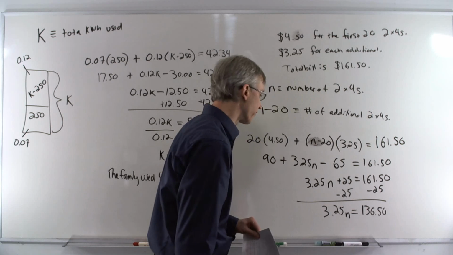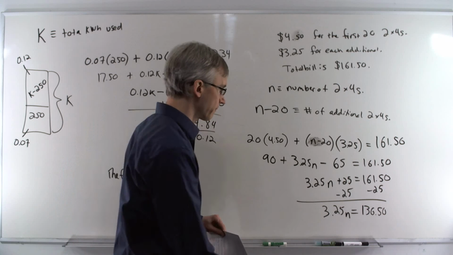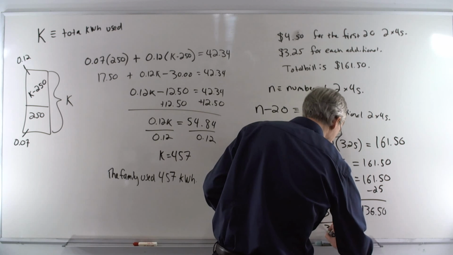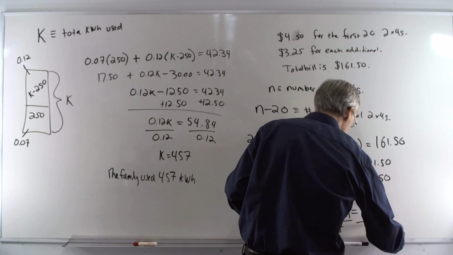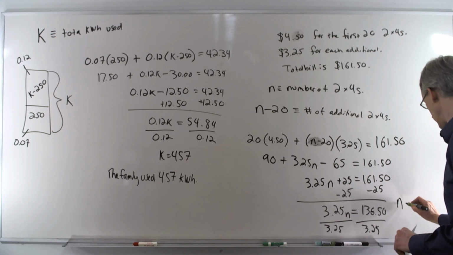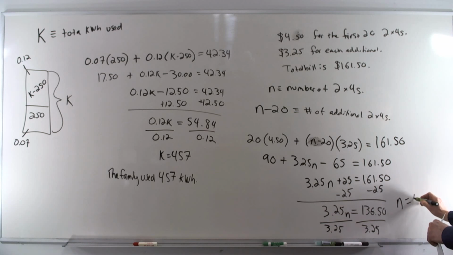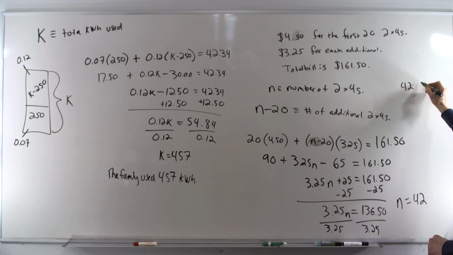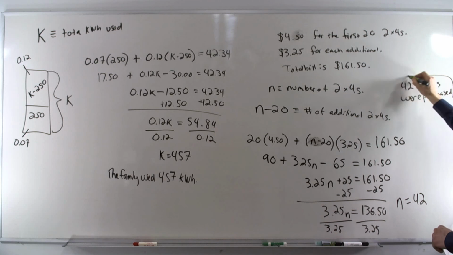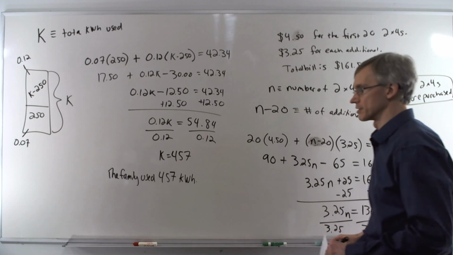So we get 3.25n equals 136.50. Divide by the coefficient, 3.25. And n equals 42. 42 2x4s were purchased.